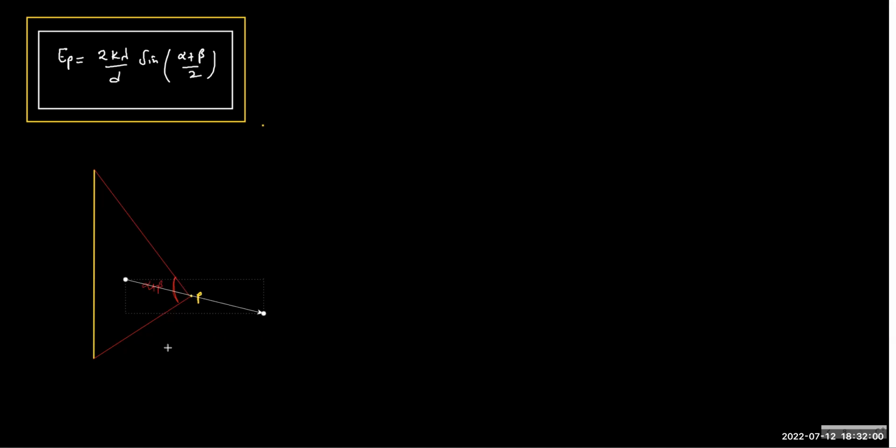Of course, it's not going to be the bisector of the rod, but it is the bisector of the angle only. And this is the actual direction of net field that we can prove easily, but that's not very difficult.